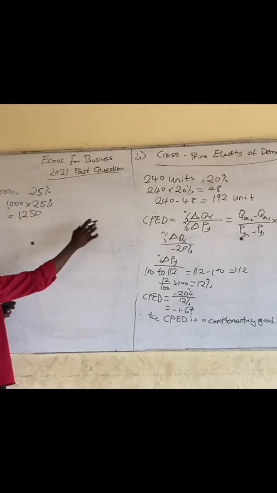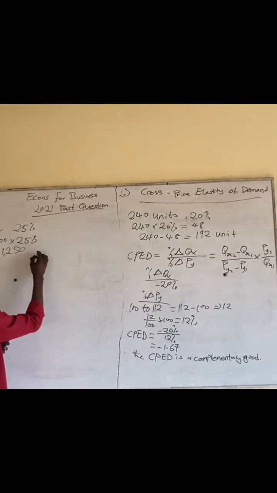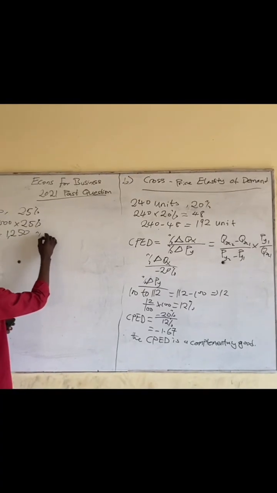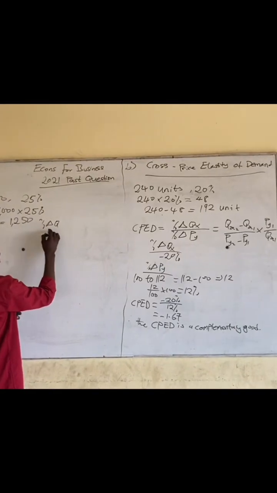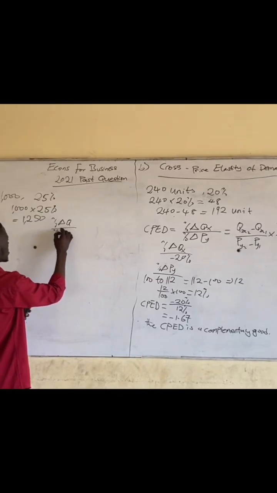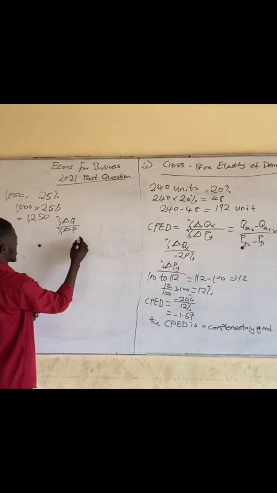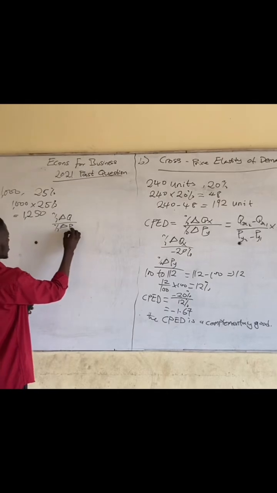So I'll be using the percentage: percentage change in quantity over percentage change in income.